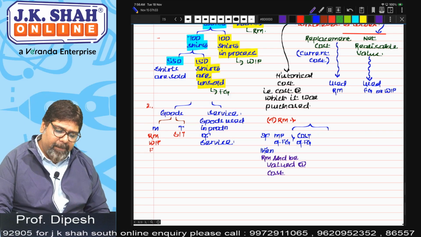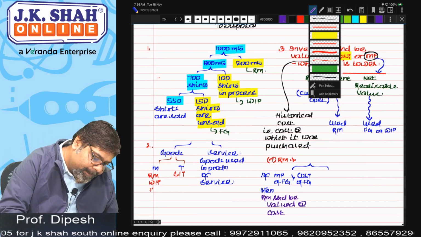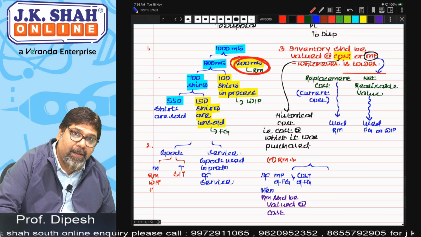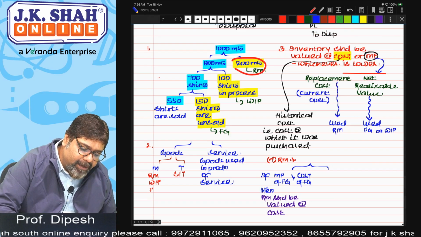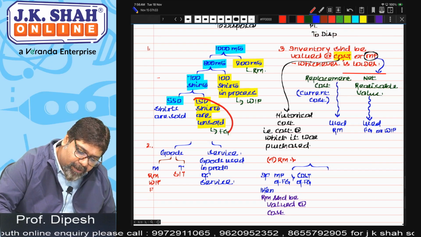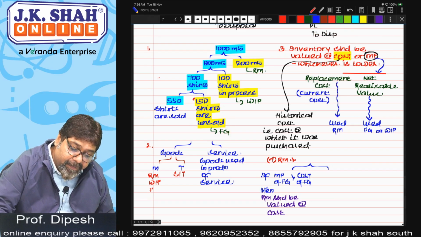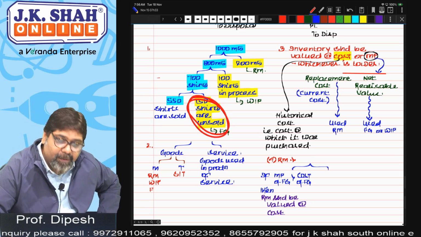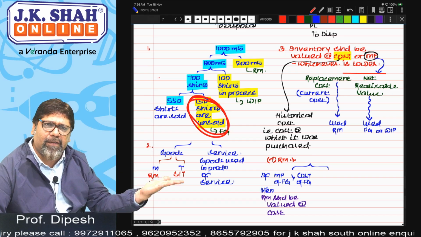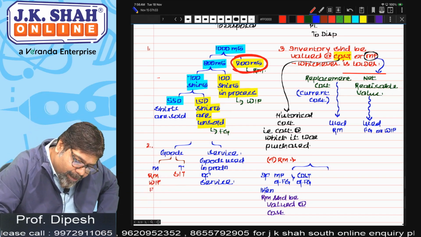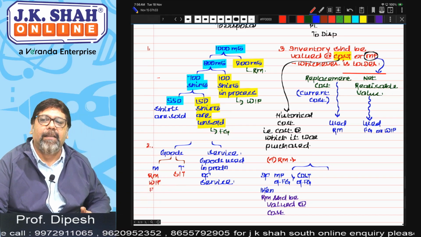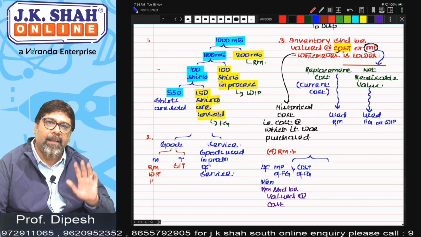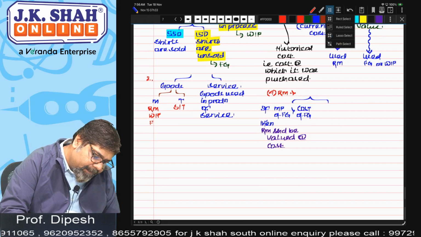Now look carefully: this is my raw material, I want to value these 200 meters. For valuing this, I will check the cost and market price of the finished goods. If market price of finished goods is more than cost of finished goods, then this raw material will be valued at cost.